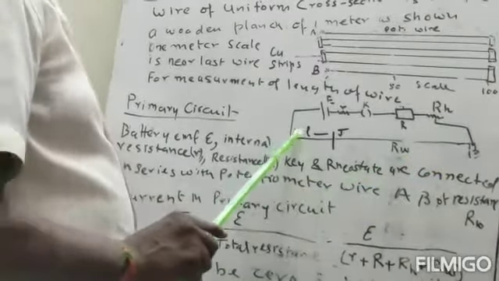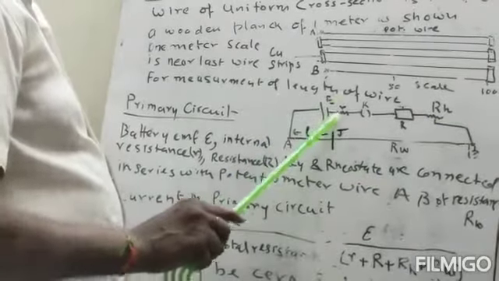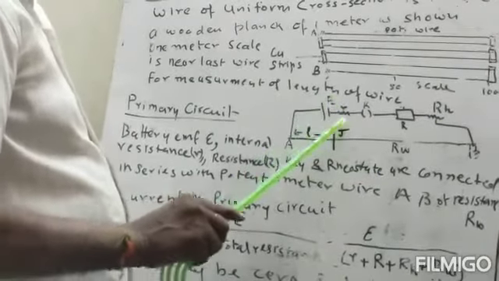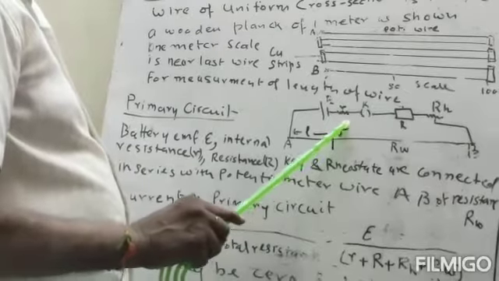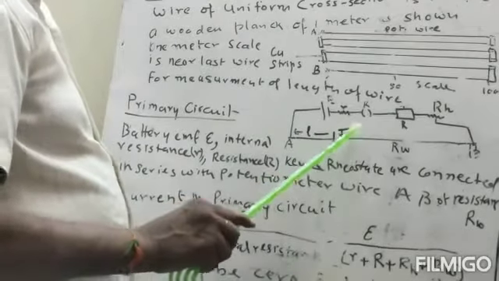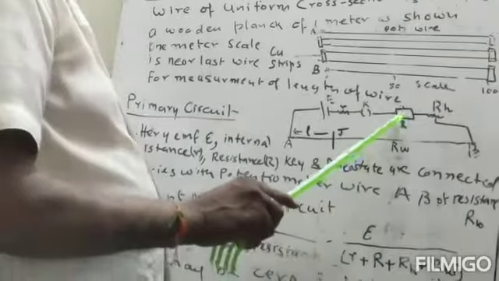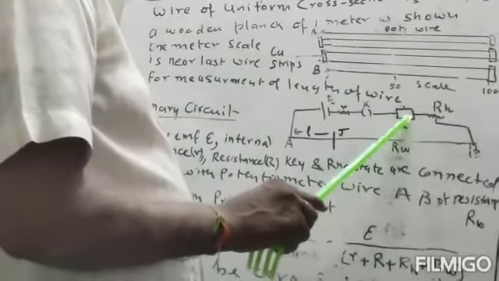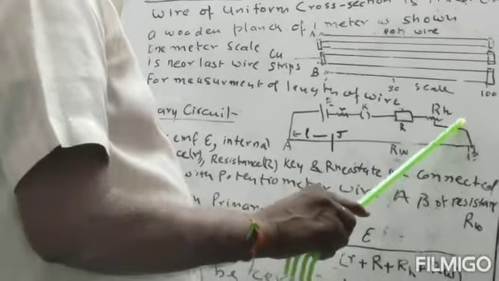Now here, this point is A, connected to a battery whose EMF is E. If small r is the internal resistance of this battery, here there is a key, here we have a resistance, and here we have a rheostat.